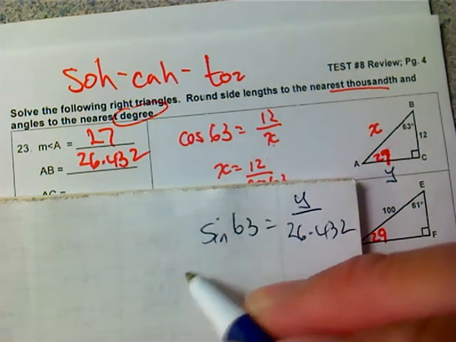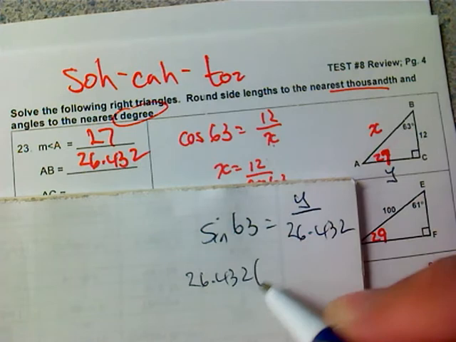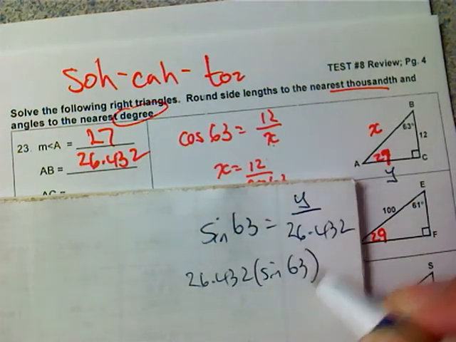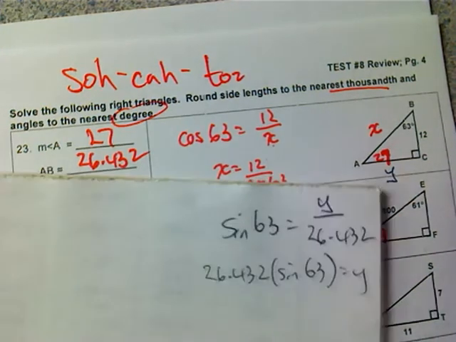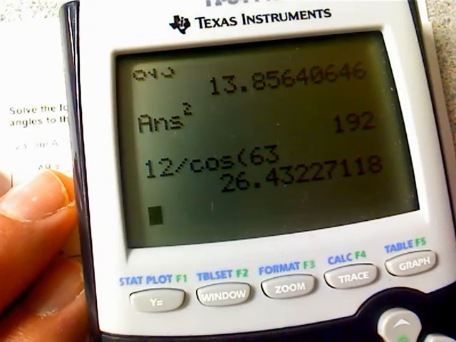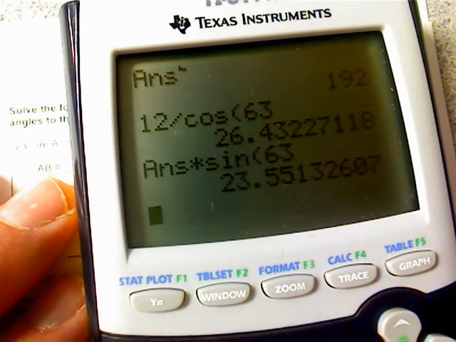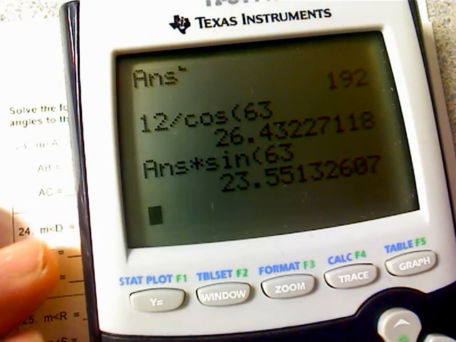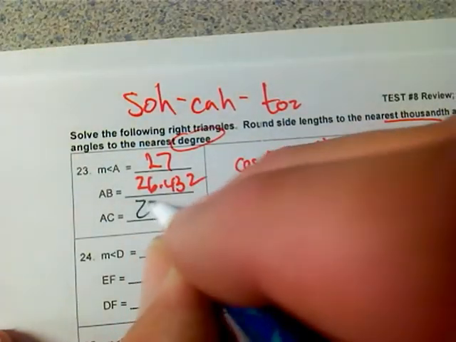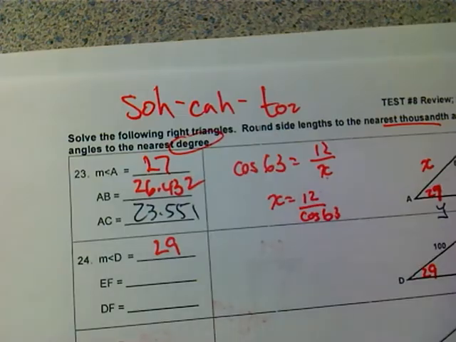So multiply both sides by 26.432. That number is actually still in my calculator, so I just need to multiply that by the sine of 63, and I get 23.551. That's this one.